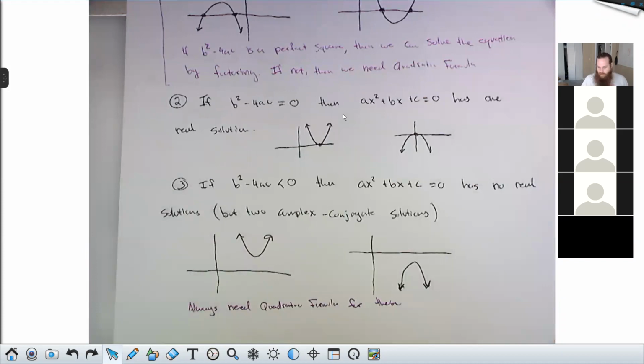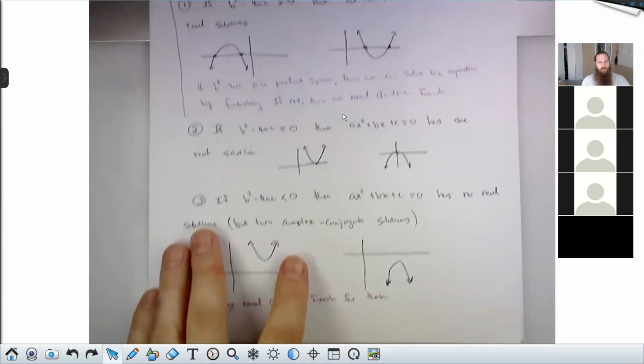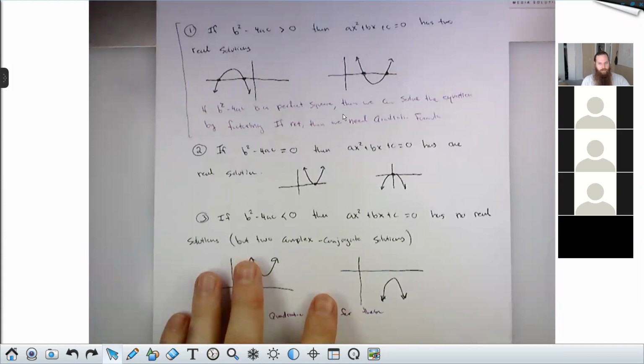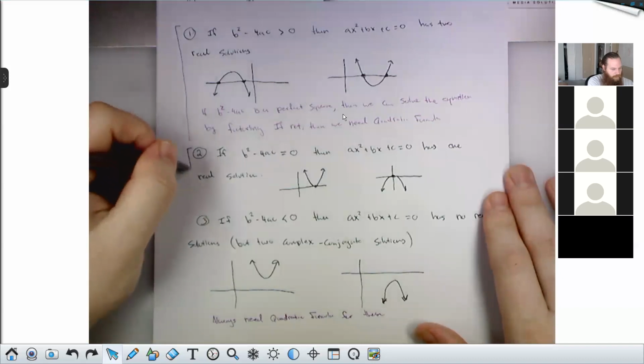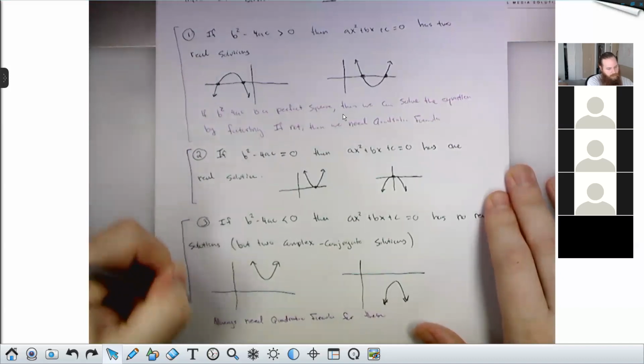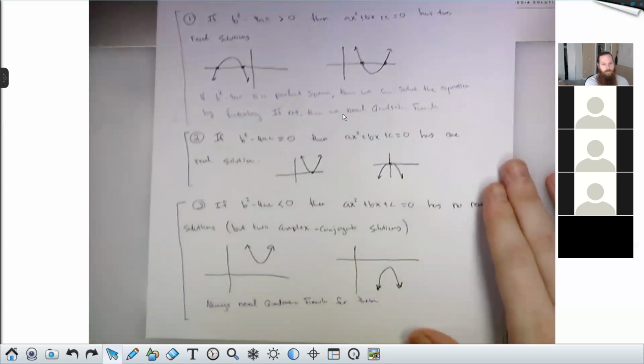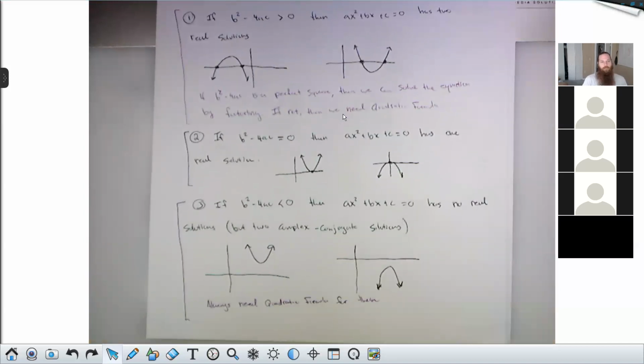So I want to look at some of these, which means we need to see the quadratic formula first. Are there any questions about what's being said here? All right, then let's jump in.